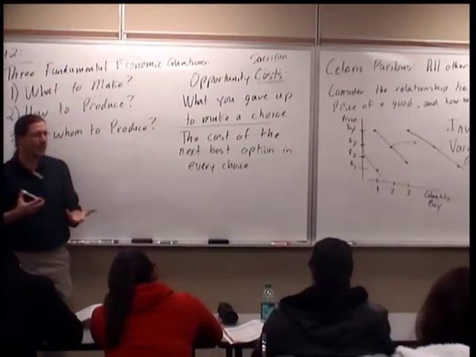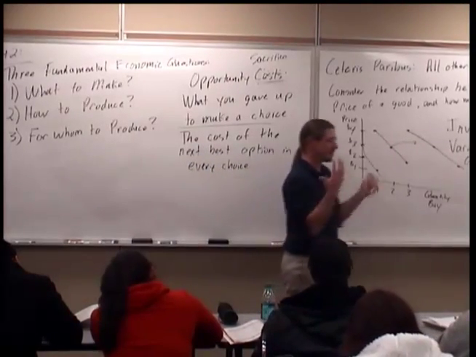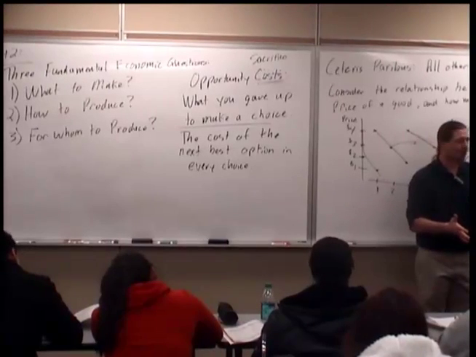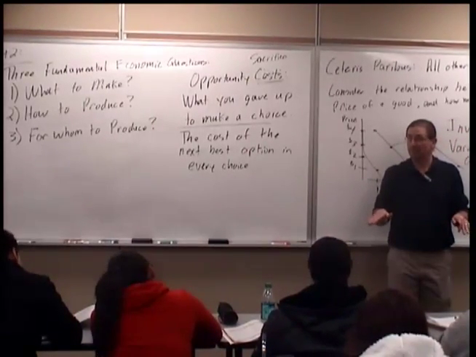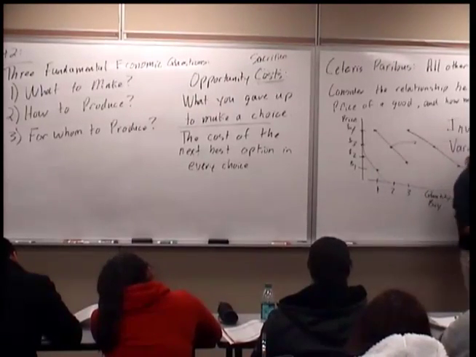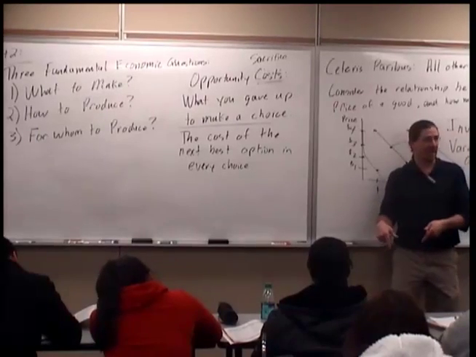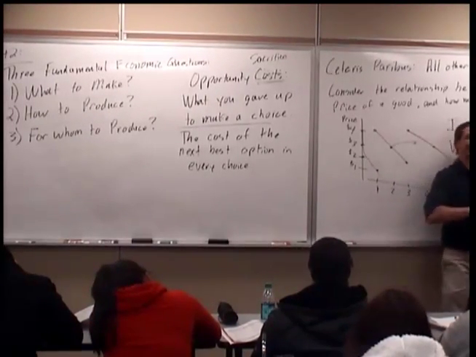Everybody tends to think it's a dollar amount. I had to give up $10 to come to this class, or I had to pay $400 per credit in order to take this class. That is not the opportunity cost, right? The opportunity cost is what you gave up to come to class, not what you paid to come to class. That's the actual cost, not the opportunity cost.